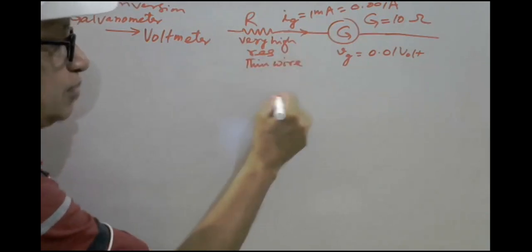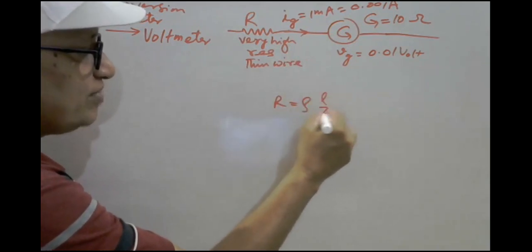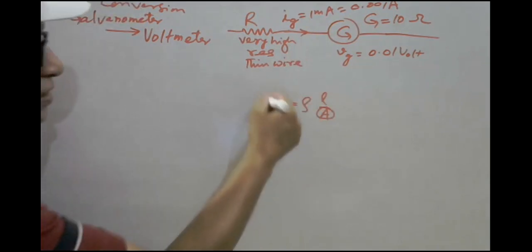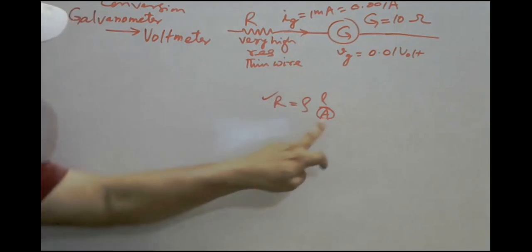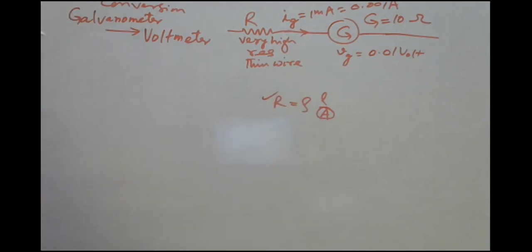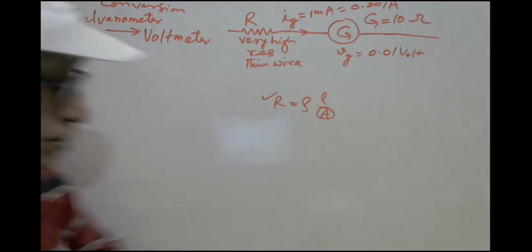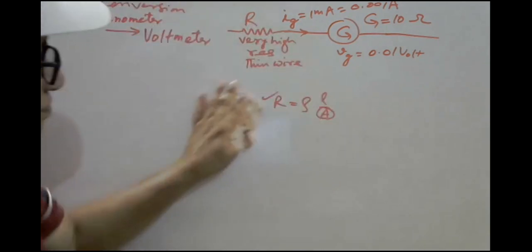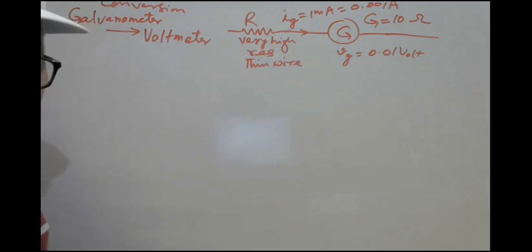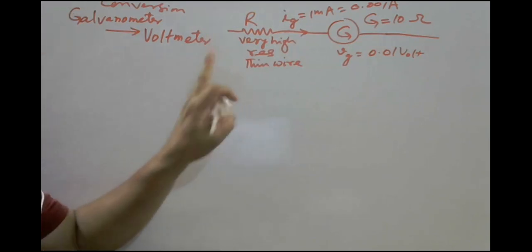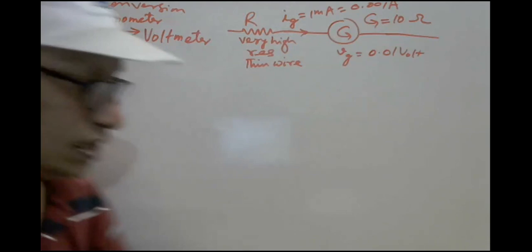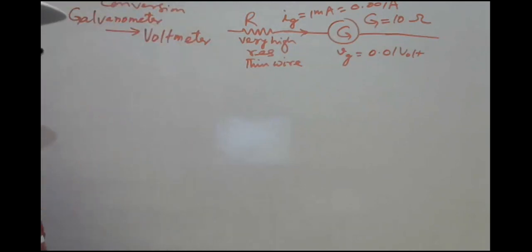Thin wire means, as per this formula, if the area of cross section is less, resistance is high. If it is more, it will be less. So we are using this thin wire. It should be connected in series, and a thick wire is connected in parallel to convert a galvanometer into an ammeter, and a very thin wire, very high resistance, connected in series will convert the same galvanometer into the desired range of voltmeter.